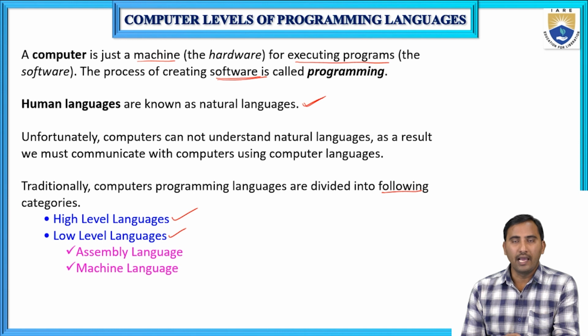Again, the low level language consists of two types of languages: first is assembly language and second is machine language. So we will see them one by one. What is a high level language and what is a low level language?